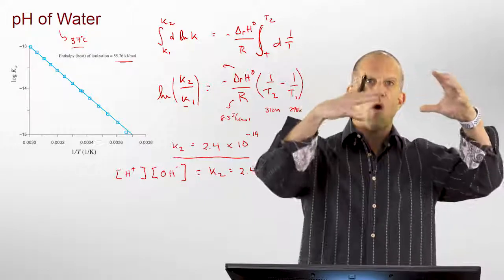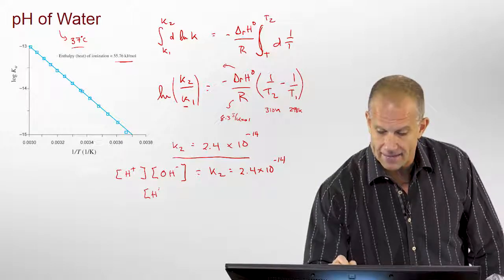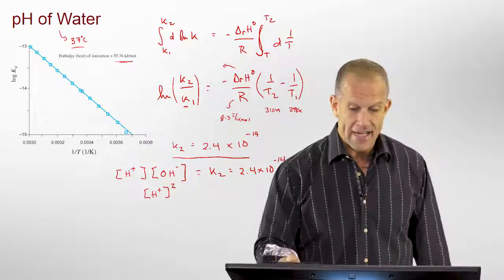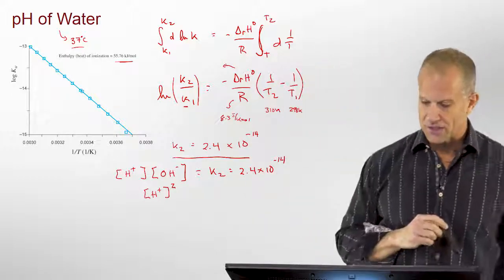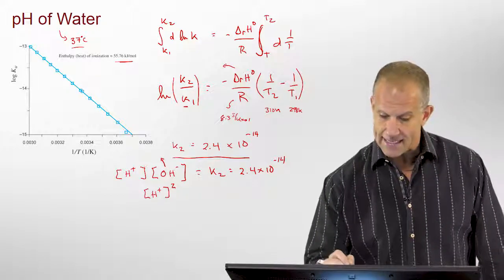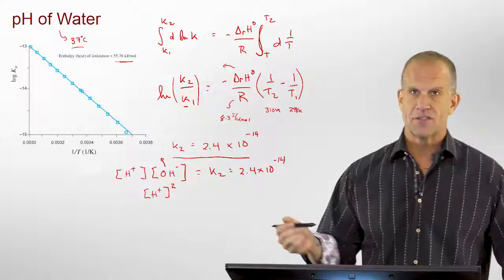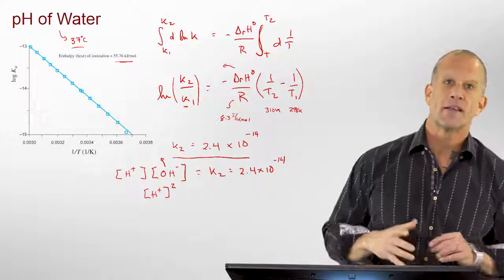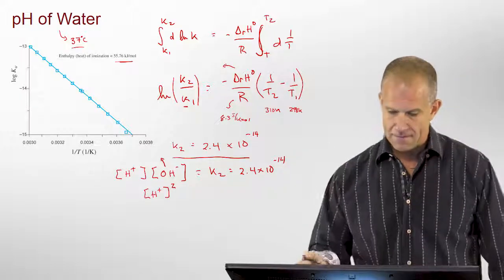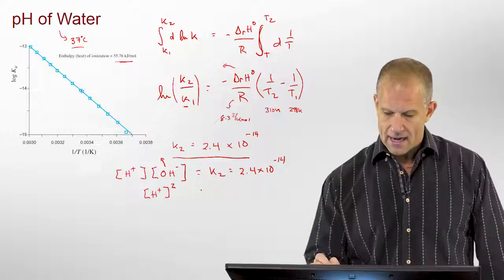Because the reaction is water going to form equimolar ions, we can say that this is the same as the concentration of H plus times the concentration of H plus, or H plus squared, right? Because this has to equal that amount, right? So in a sense, we're just starting, knowing that our reaction is water to form these two ions, right? So now, in a sense, we can just take the square root of this number.